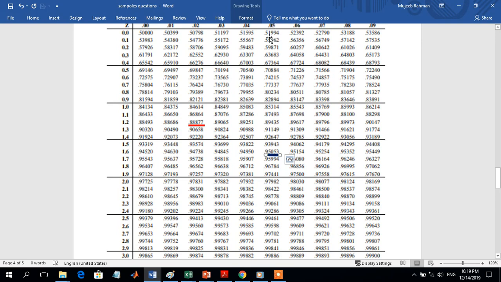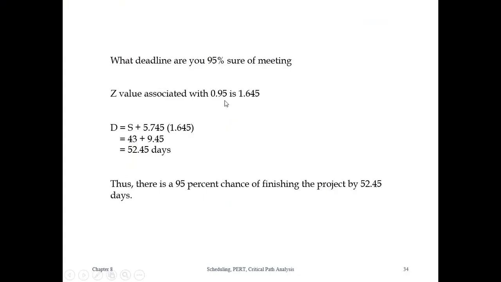So we have 1.65 approximately. In this case we assume this value is 1.65, because the actual value is 1.645, but from the table we just take 1.65. Then we should calculate how much the value will be.